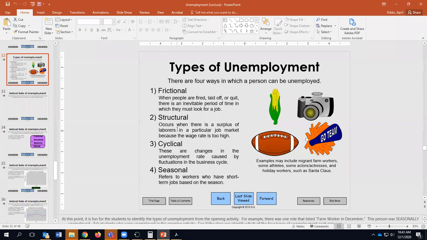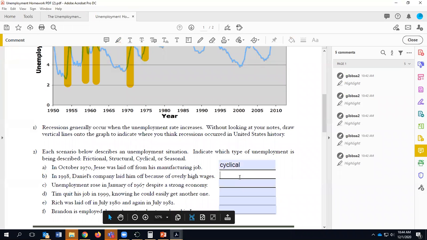Well, which one's the high wages? Structural. Unemployment rose in January of 1967 despite a strong economy. Cyclical. All right, makes sense?